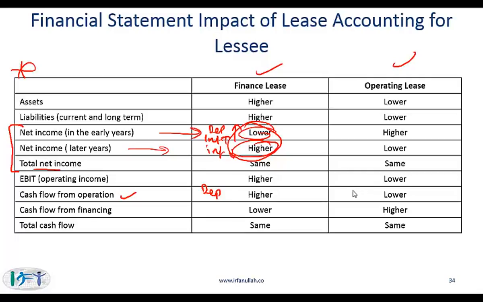That entire operating lease expense is going to lower your CFO, whereas in the finance lease context, only the depreciation amount is lowering the CFO. So the CFO will be higher for the finance lease. And for the same reason, given that interest expense is showing up in the financing section of the cash flow statement, the cash flow from financing will be lower for the finance lease.